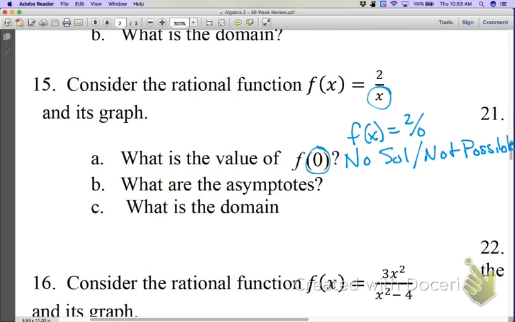Now, all your asymptotes are basically what can x not be? So your asymptote is 0, that's what it can't be, because an asymptote is where your graph cannot lie. So then what's the domain? All real numbers but, so everything but 0.